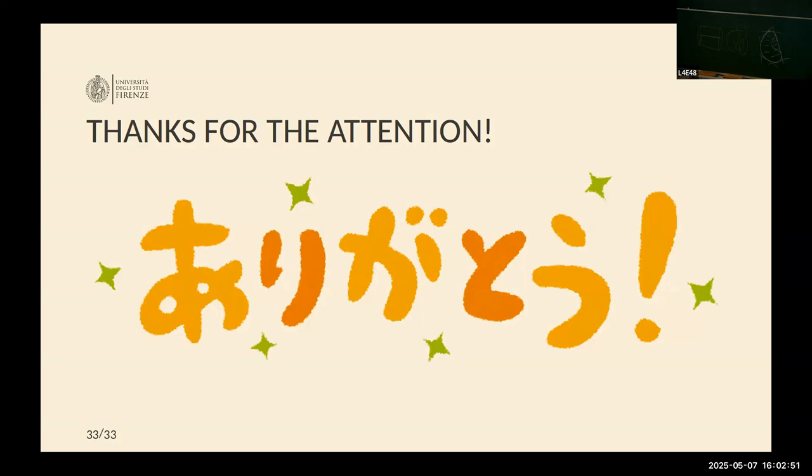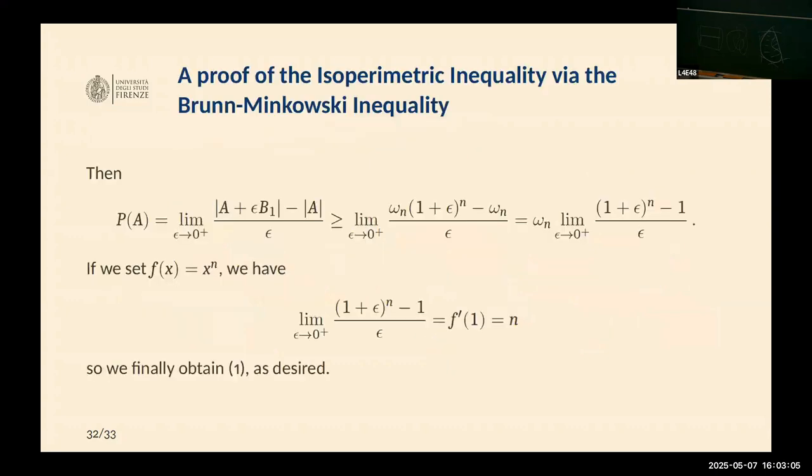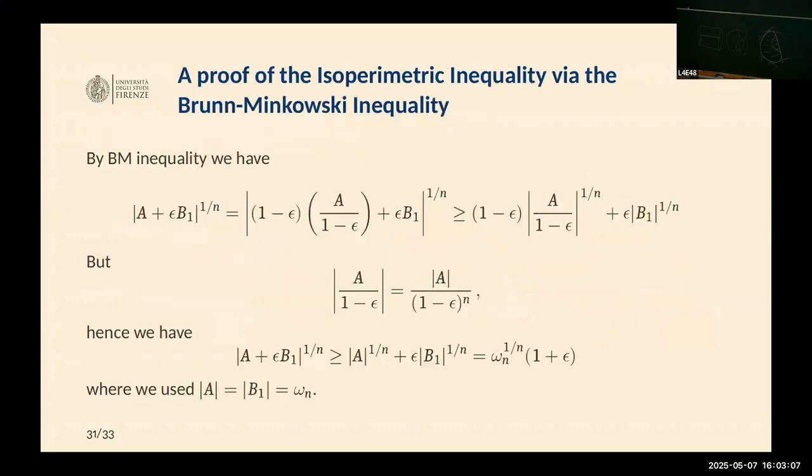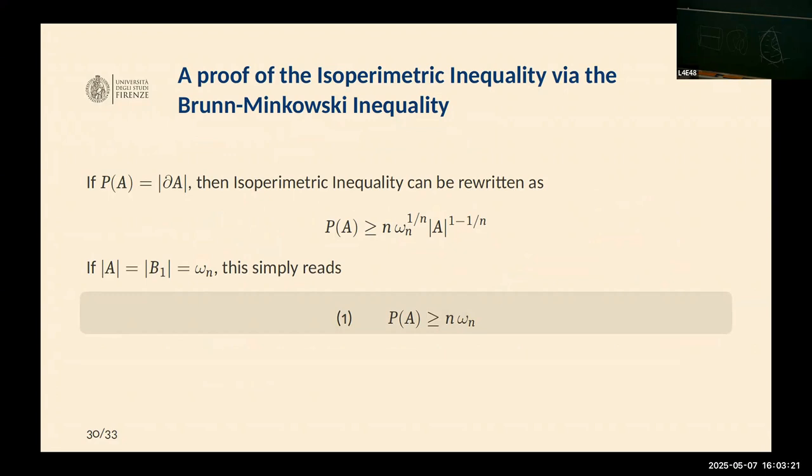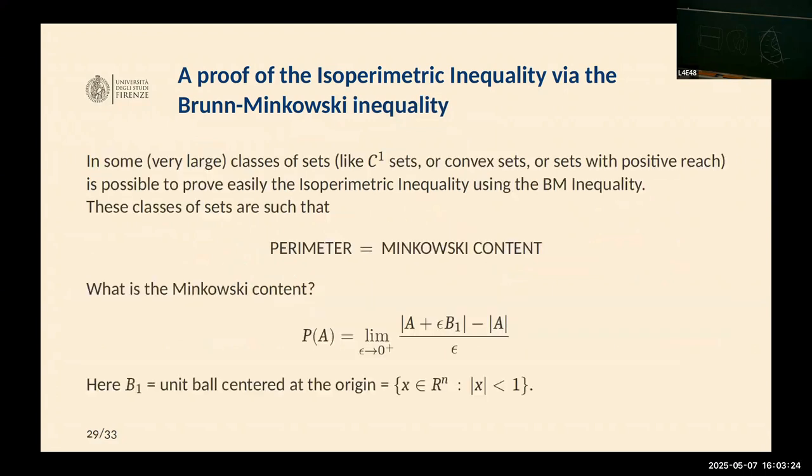Any further questions? Thank you very much. I have two questions. If we go back to the proof, we had this definition of the perimeter in terms of the limit process with this ball.